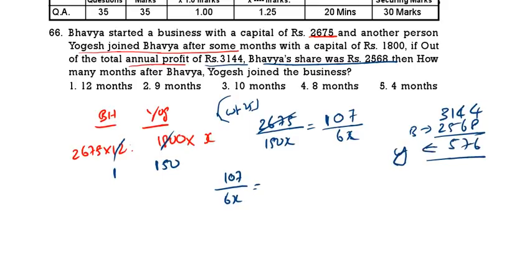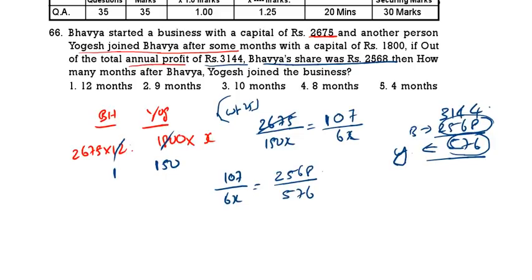This is Yogesh's share. Out of 3144, 2568 is Bhavya, 576 is Yogesh. So we can take it like this, 107 by 6x is equal to 2568 by 576. This is Bhavya, this is Yogesh.